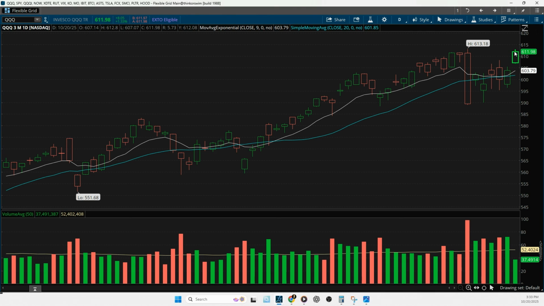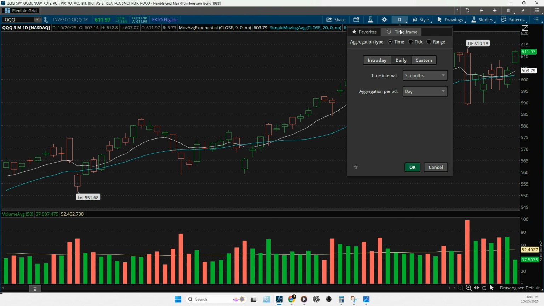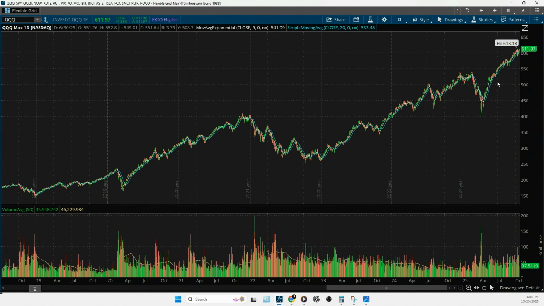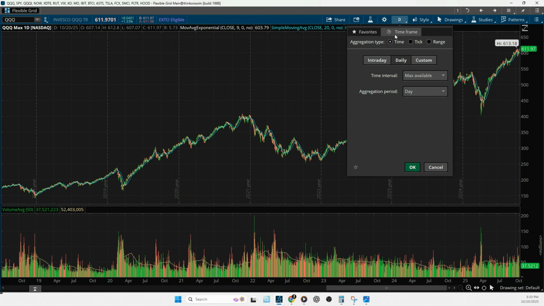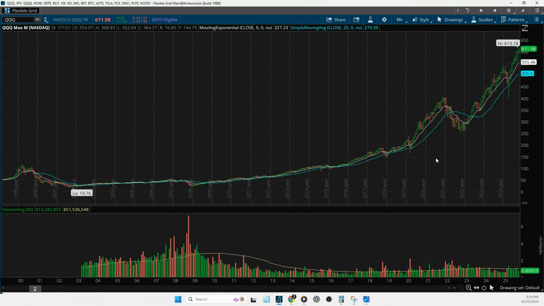We're only a little ways away from 615, which seems like an all-time high. Let me change this time frame to double check myself. Max available. Yep, all-time high. So that's our max available. Let's switch this over to monthly candles.